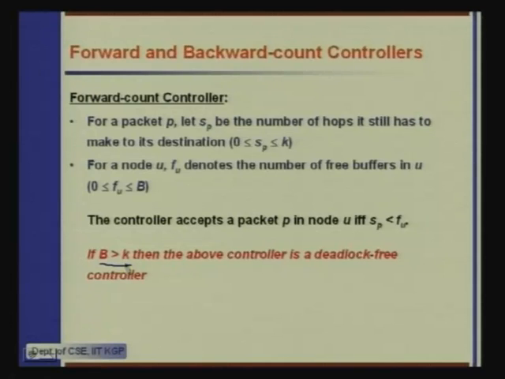Because the number of free buffers is B, and SP, the number of hops that a packet has to go, is less than K, and K is less than B. So, SP is less than B and therefore, the packet will be accepted by the controller at a node. So, whenever there is a node U which has all free buffers, it will always accept any packet. That is one of the requirements of a controller.